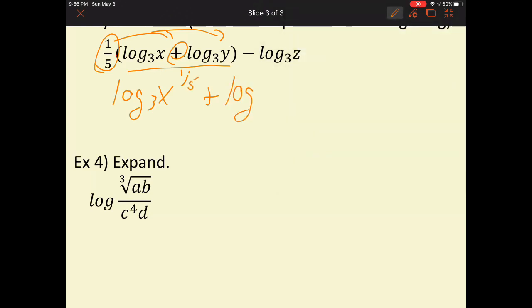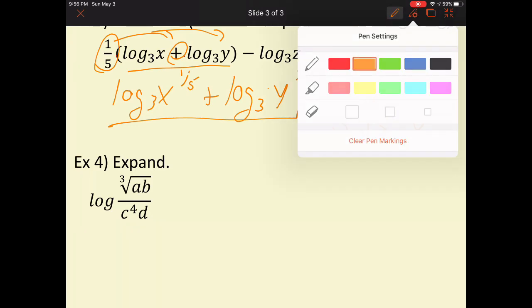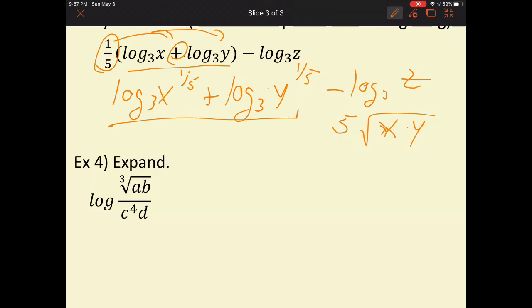Okay. And then log base 3 of y to the 1/5, and then we have minus log base 3 of z. These here are being multiplied and they're being rooted, so it's the fifth root of x times y, and then this is going to be divided by z.